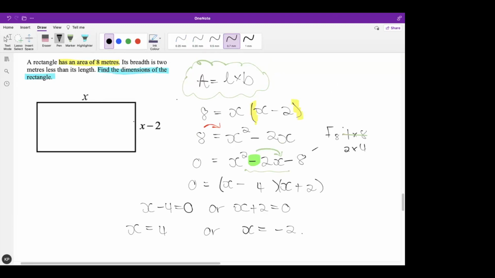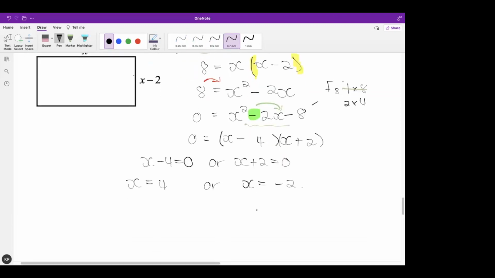So do we have 2 solutions here? Nope. You are supposed to say, but dimensions cannot be negative. So what is the actual solution here?